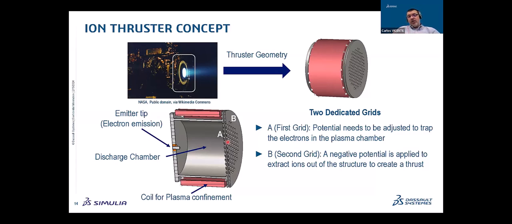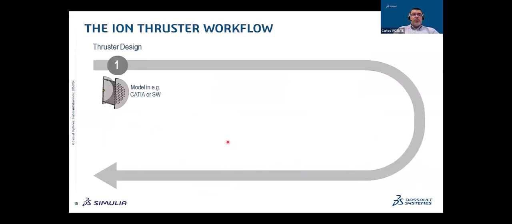And the second grid, which has a negative potential, is to extract the ions out of the chamber. And this is what really gives you at the end the thrust and the way the ion thruster works. It's by extracting the ions out of the chamber. Okay, so again, let's go to the workflow.